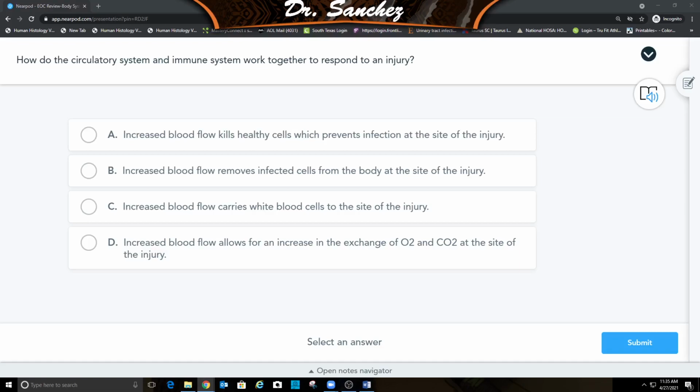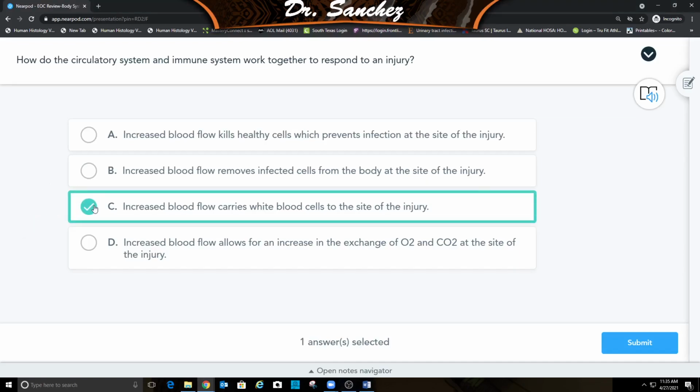So say it. How does it get there? The circulatory system transports the white blood cell to the injury. Yeah. Is that an answer? Yep, that's exactly the answer without even reading the answers. You see what I mean? You can come up with how they work together. Good job.